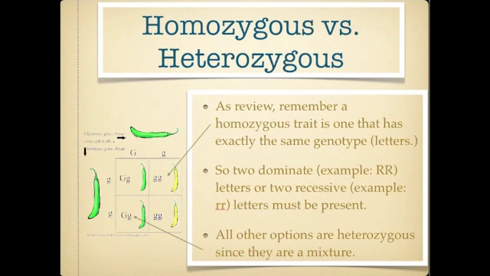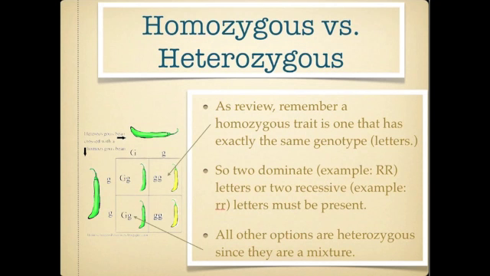So once again, it's a grid that involves your genotypes. Real quickly, we're going to look at the difference between homozygous and heterozygous. Homozygous is when a genotype is exactly the same. That means you have to have the same letter: both uppercase, or both lowercase. If they are not, then they are heterozygous, because they're not exactly the same.